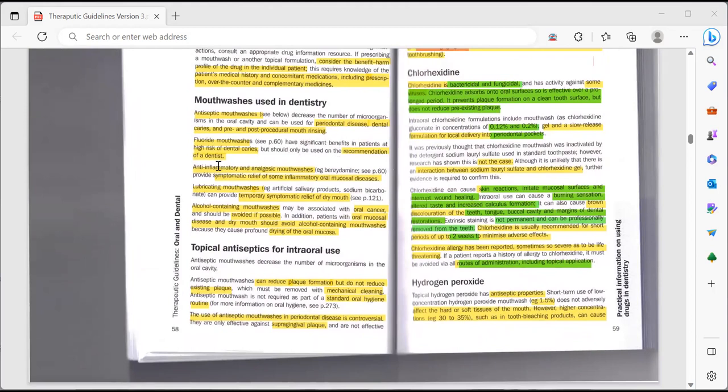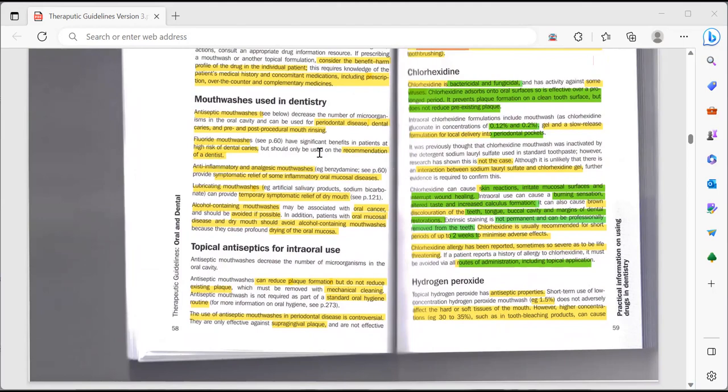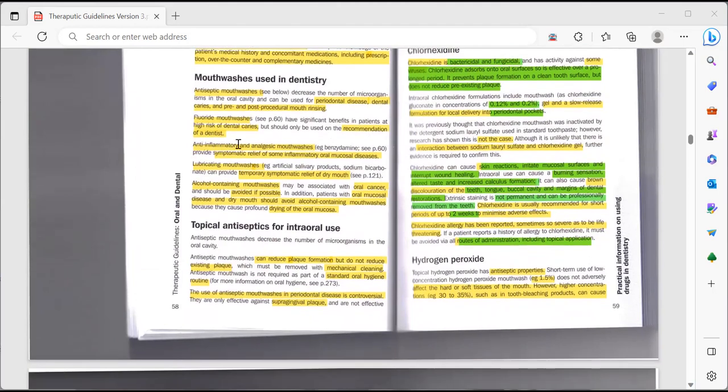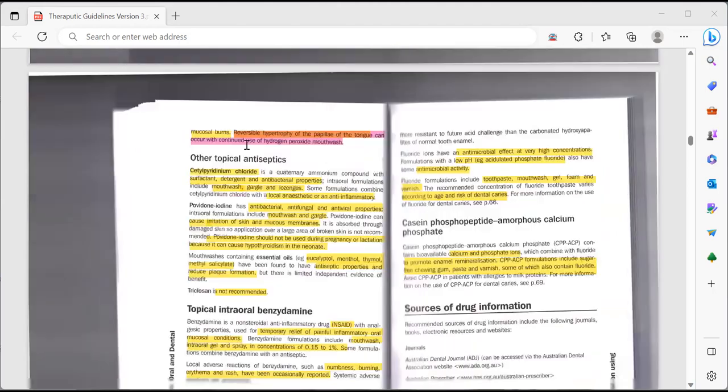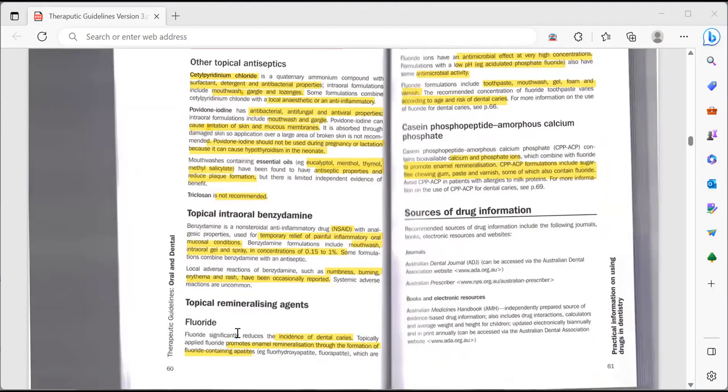Okay, then the other mouthwashes which are used in dentistry are the fluoride mouthwashes. They are helpful in patients with high risk of dental caries, but should only be used on the recommendation of a dentist. And with fluoride, we all know that fluoride reduces the incidence of dental caries.